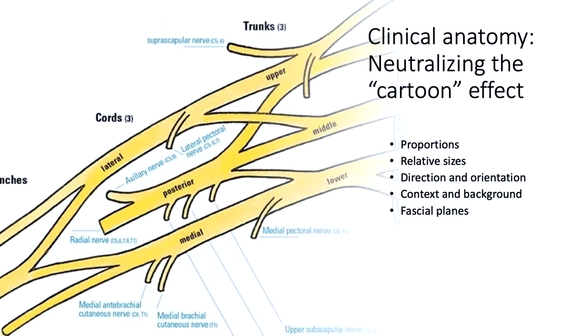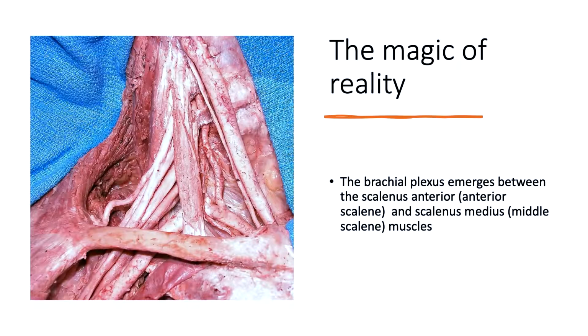So that will help a little bit to visualize how things are. And since now we use ultrasound, that information comes handy when we're trying to visualize the real anatomy and not the anatomy of cartoons.